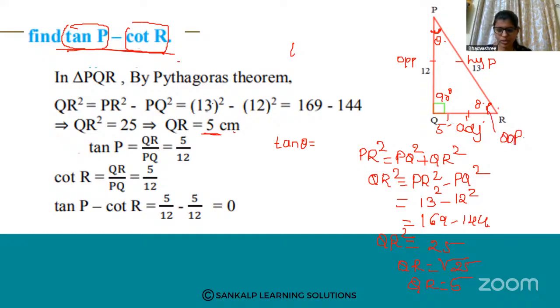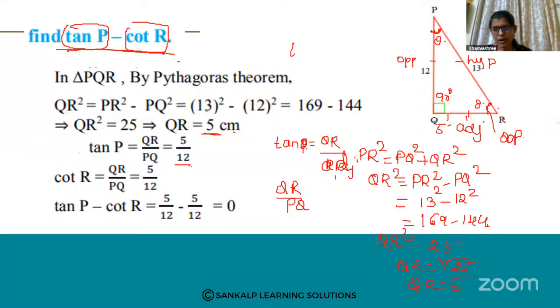So this is opposite side. For tan P, QR is opposite side and, sorry, it is tan theta, right? That means we need to take the adjacent side. QR divided by PQ. PQ is adjacent side. When theta is at P, QR is opposite side and PQ is adjacent side. So QR divided by PQ. QR value is 5 and PQ value is 12.